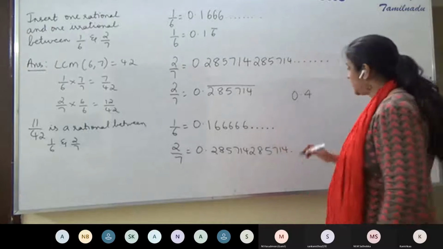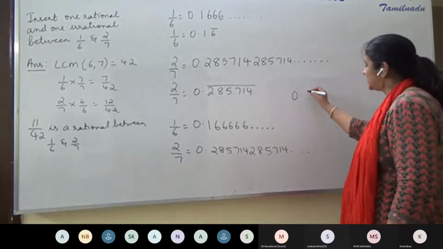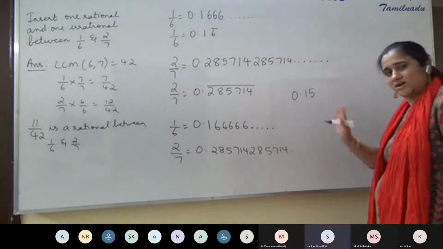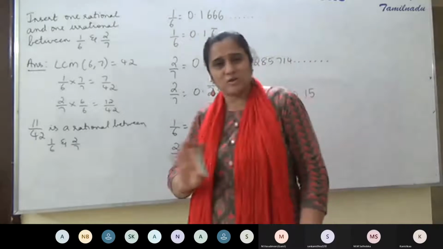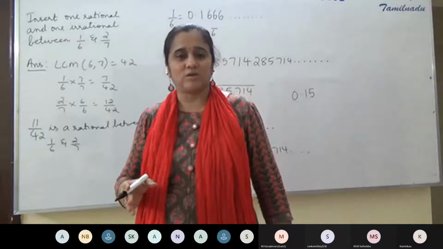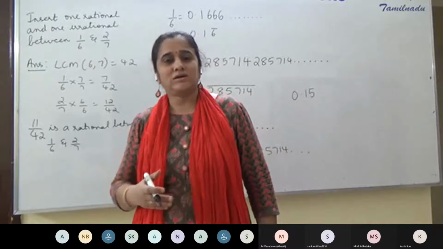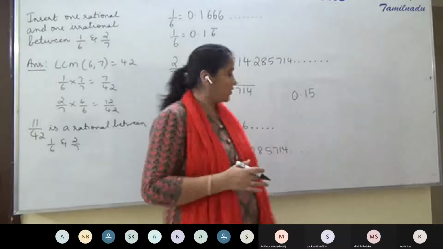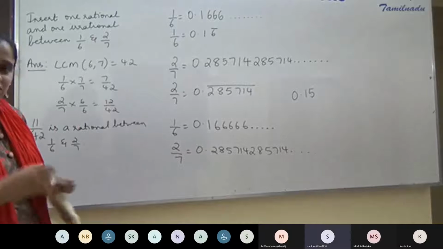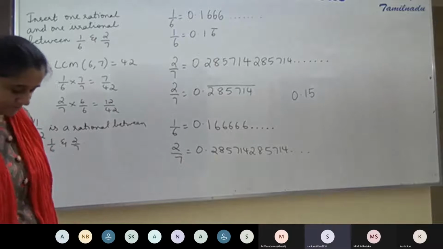So be very careful. Now tell me, can I start like this, 0.15? I'm trying to write an irrational value, a non-terminating, non-repeating decimal. But can I start with 0.15?